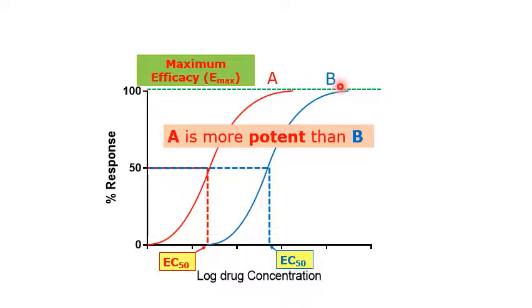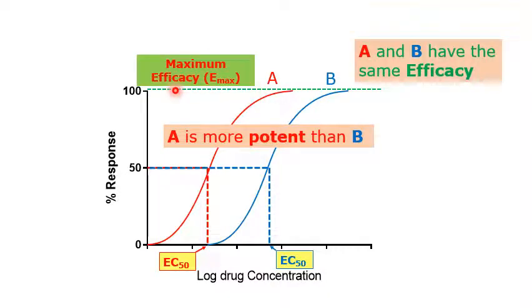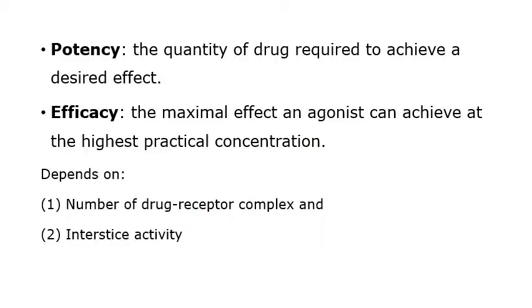The concentration to produce maximum effect for drug B is larger than the concentration required to produce maximum effect for drug A. But in both cases, both drugs can achieve the maximum efficacy. In this case, we can say that drug A and drug B have the same efficacy. So let's explain these terms.